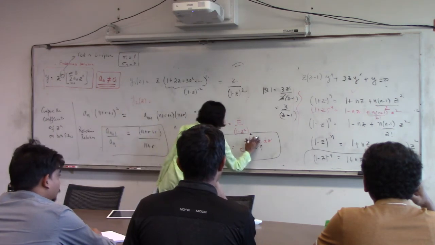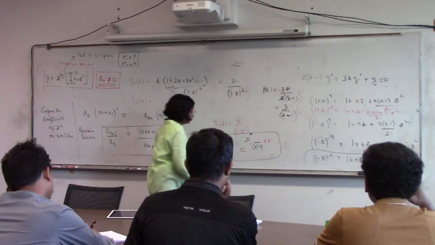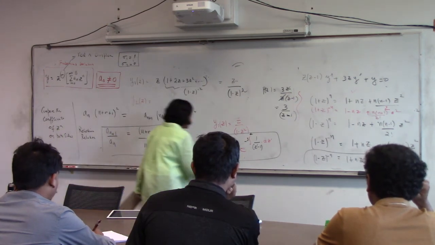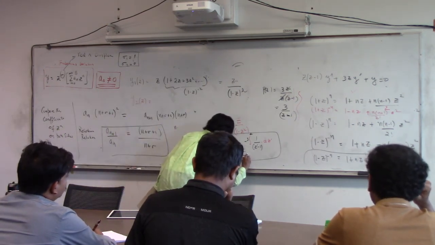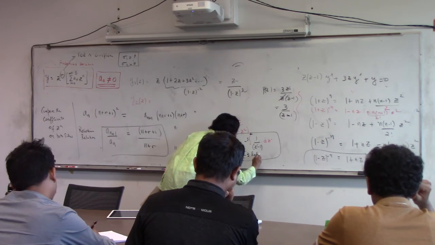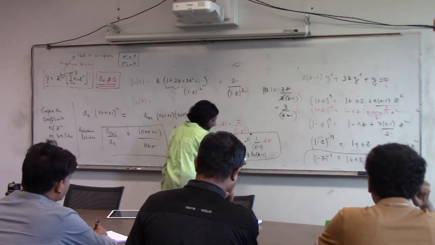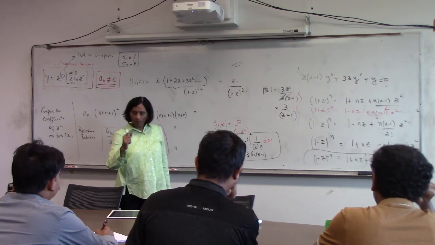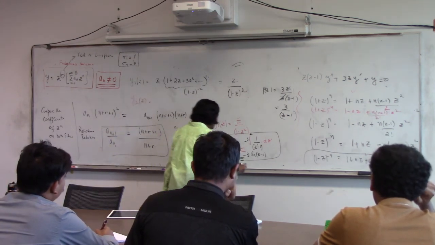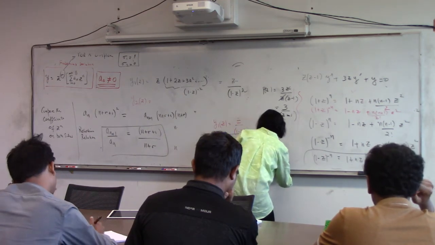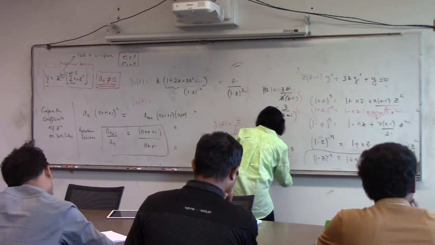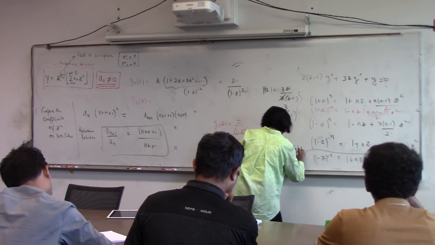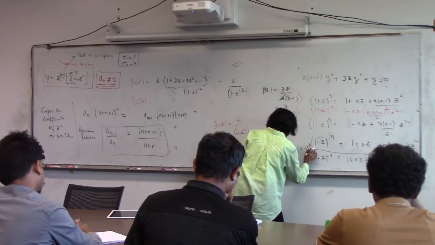Three is a constant, so I can pull it out, right? So natural log of z minus 1, okay? So this is nothing but exponential of negative 3 natural log of z minus 1, okay? And 3 log z is the same as log of z cubed, right? So I can write this as exponential of minus natural log of z minus 1 whole cubed, okay?